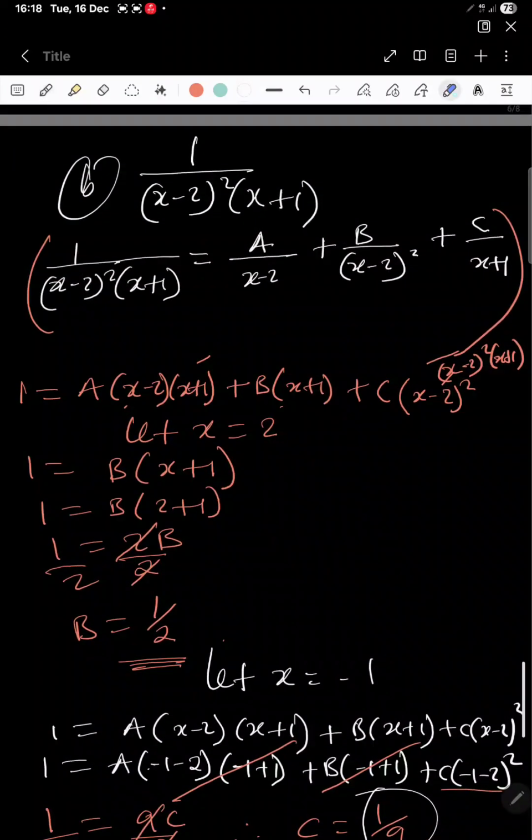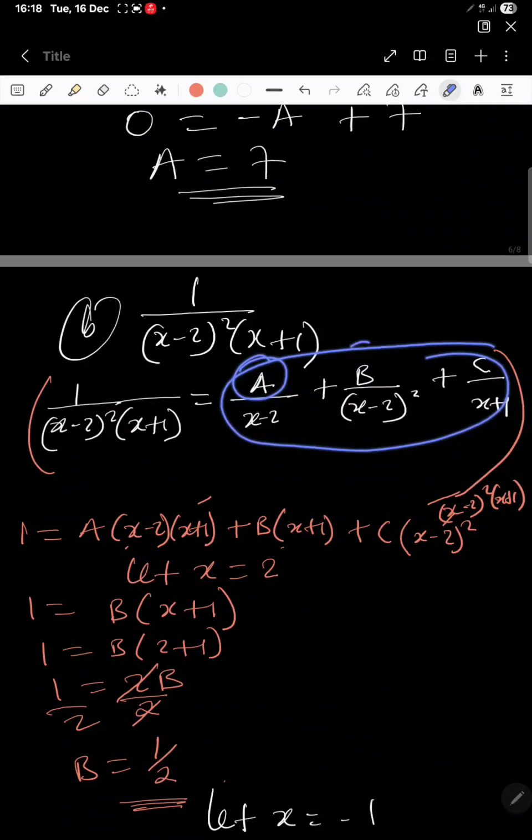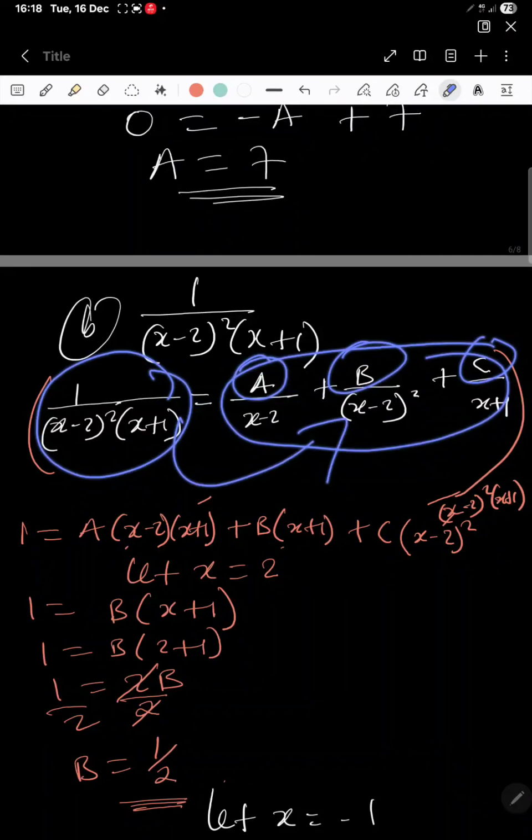What do you do? You come and replace them back in the assumption here. So you put the value of a, the value of b, and the value of c, meaning that you've decomposed this into partial fractions.